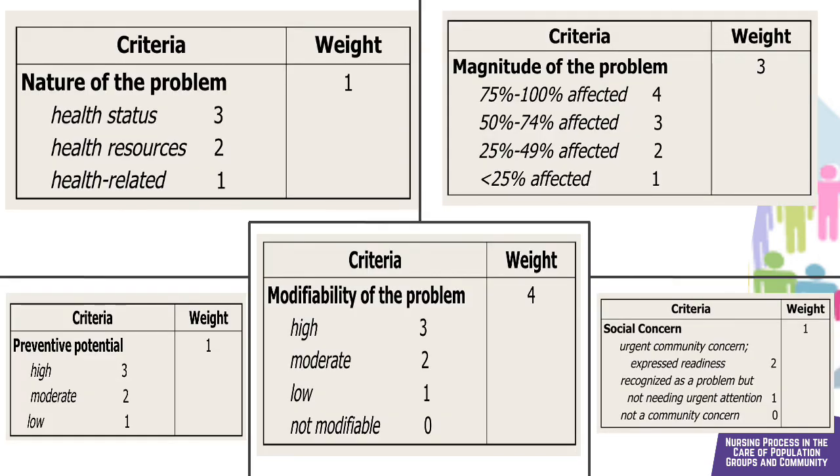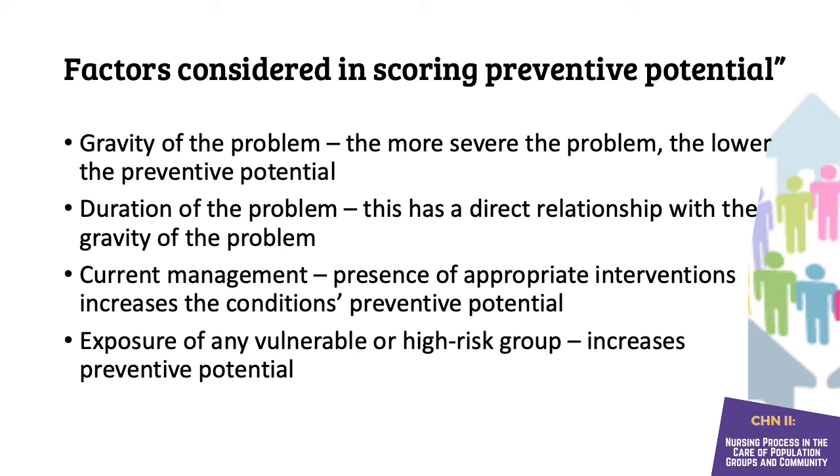So this is a standard table used in prioritizing the different health problems. We have five, okay, and it has its criteria and the weight. Now, here are the factors considered in scoring preventive potential. Okay, gravity, okay, duration, the current management and exposure of any vulnerable or high risk groups.